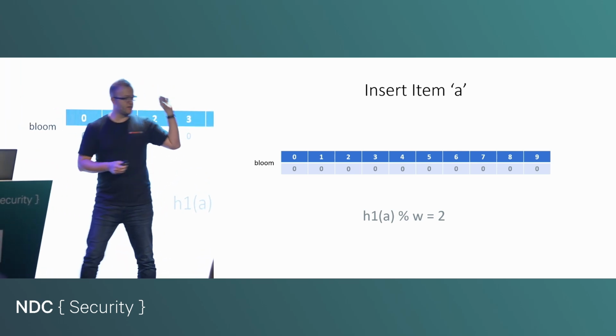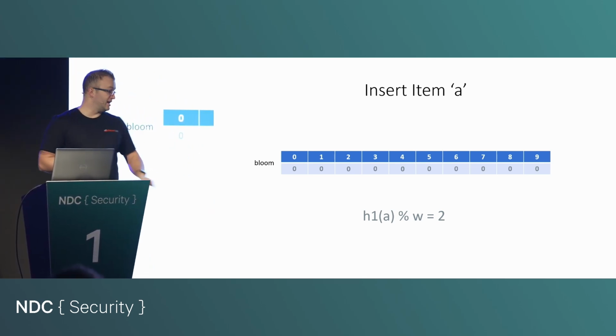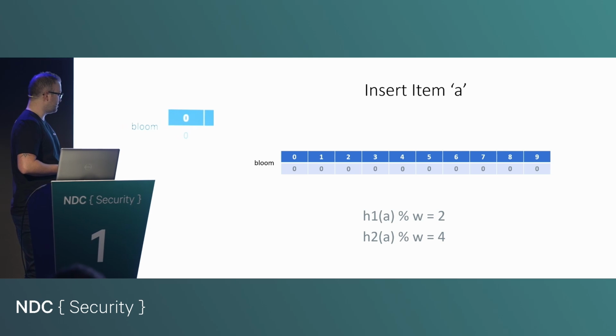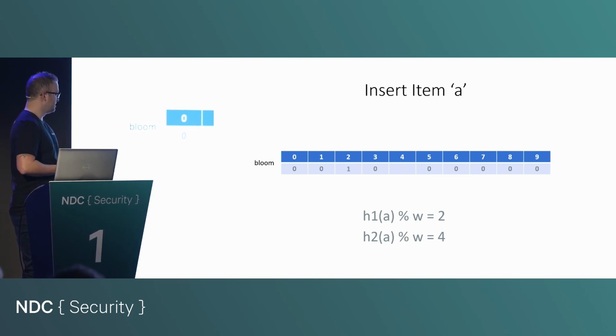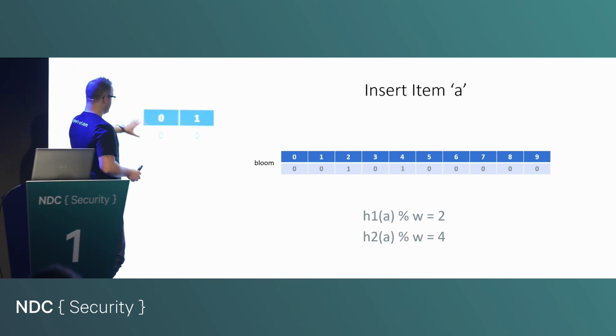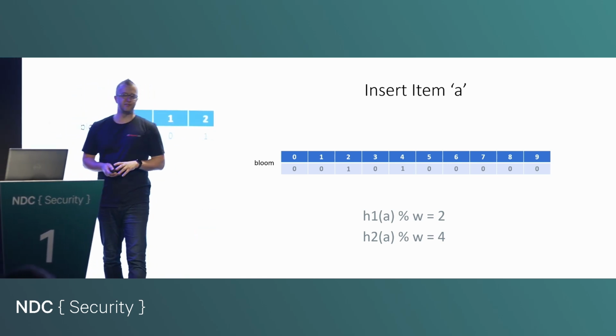So it just wraps around, which gives us an index in the range of our width. In this case, we can see it's giving us index 2, and then we hash it with the second hash function, and that's giving us index 4. So all we do now is simply set the 2 bits in the filter. We have now inserted item A into the filter. This filter is now storing the fact that we have previously observed item A.